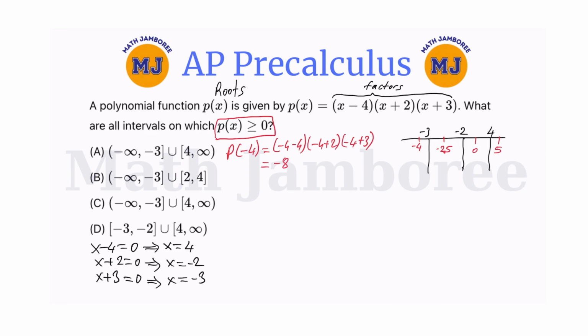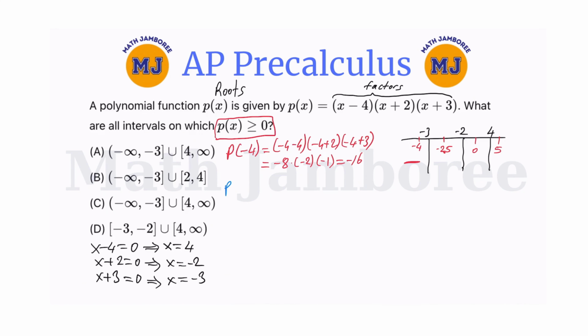This is negative 8 times negative 2 times negative 1. As you can see, there are 3 negatives, so it turns into negative 16. So in this region, the sign of the polynomial is negative, so you're not going to use that region.